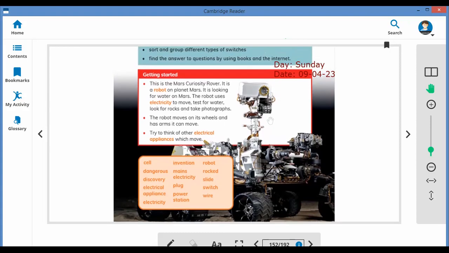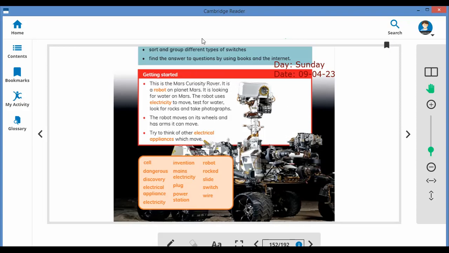So we use electricity in hospitals, in libraries, in universities, in schools, in houses, in factories. So this is the first example that was given in the book, the Mars Curiosity rover.